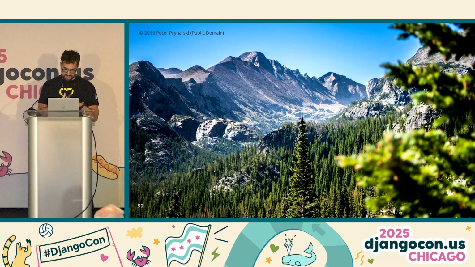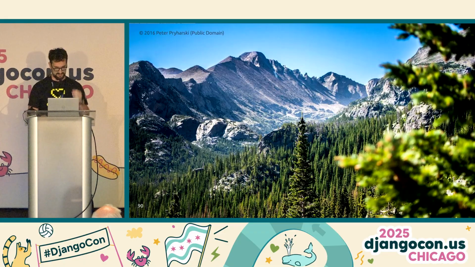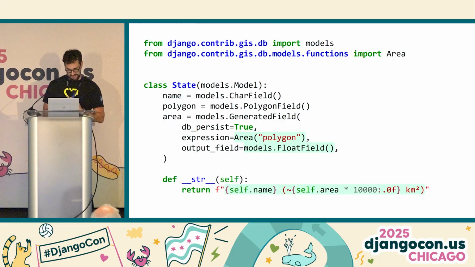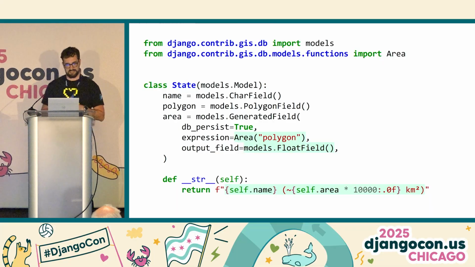This is, I think, the last picture. Who among you knows these mountains? Nobody? So it's the US, it's Colorado. This is a landscape from Rocky Mountain National Park. Why are we talking about Colorado? Because we are going to directly represent the area of a state.